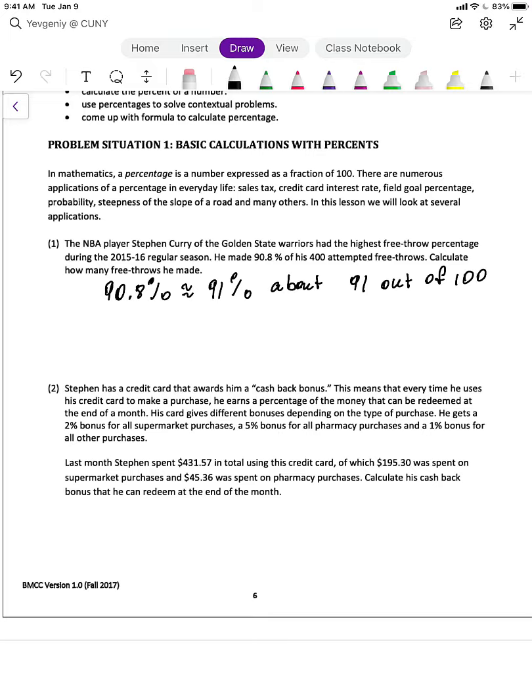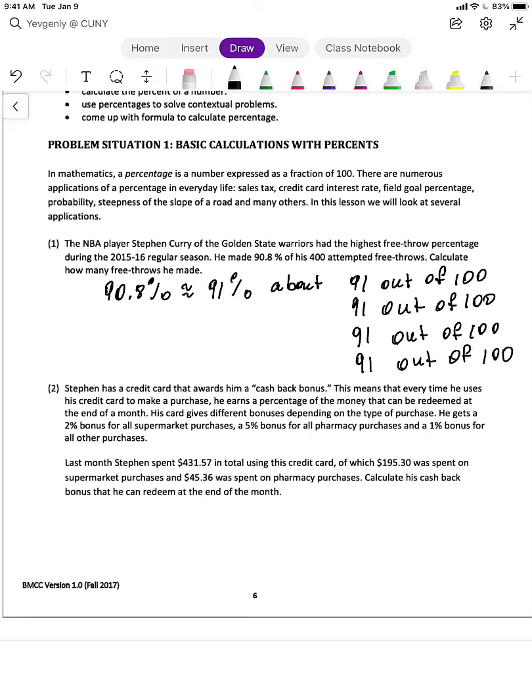Well, if he made 400, then the same ratio can be prorated to a larger denominator. So we can say he made another 91 out of 100, then another 91 out of 100, and then another 91 out of 100. About, correct? That's what that means.